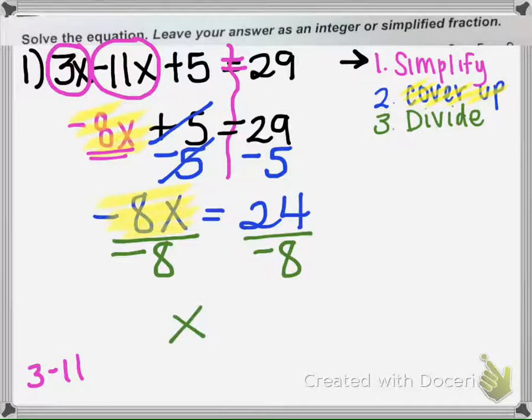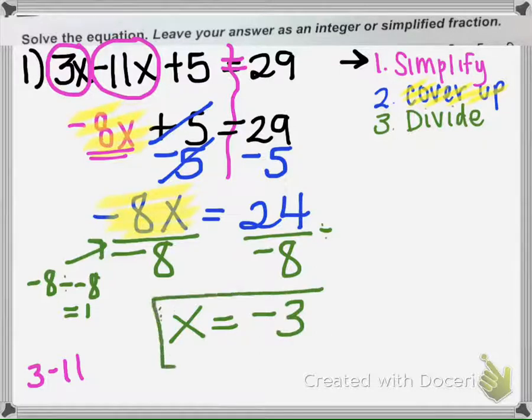And the reason why we do that is because negative 8 divided by negative 8 is 1. So in other words, we're figuring out what 1x is equal to. So 24 divided by negative 8 is negative 3. So we get our solution.